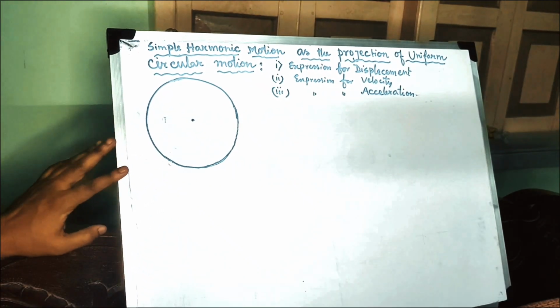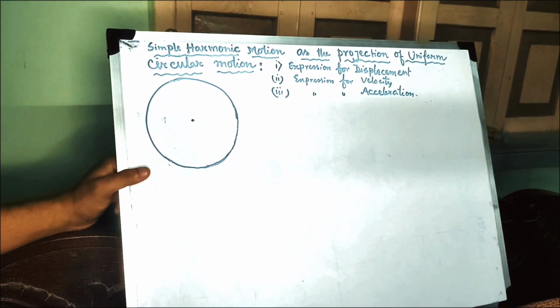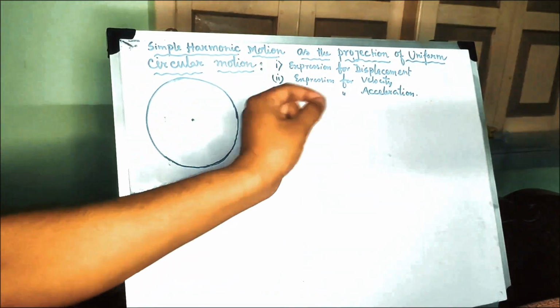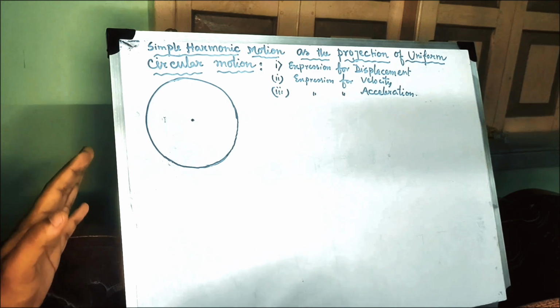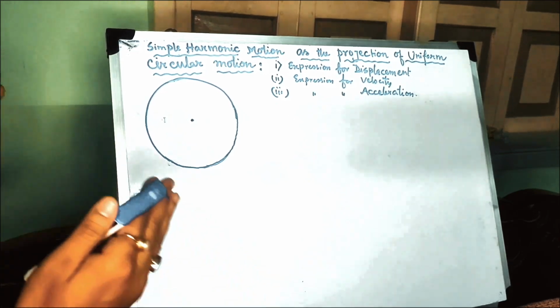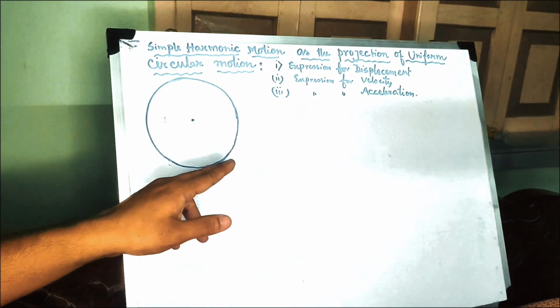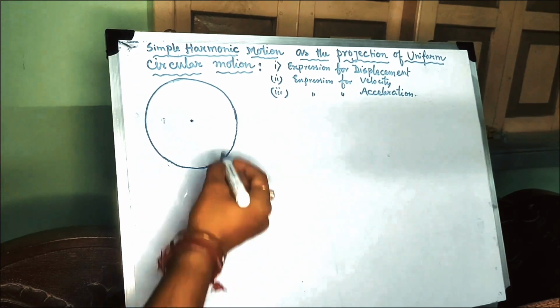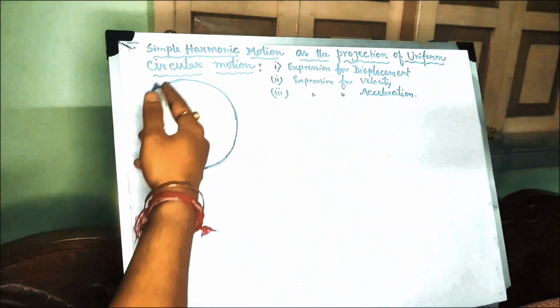Today I came back with another important video from the chapter Oscillation: simple harmonic motion as the projection of uniform circular motion. That means I just want to relate between SHM, simple harmonic motion, and UCM, uniform circular motion. First of all, I have drawn a circle.